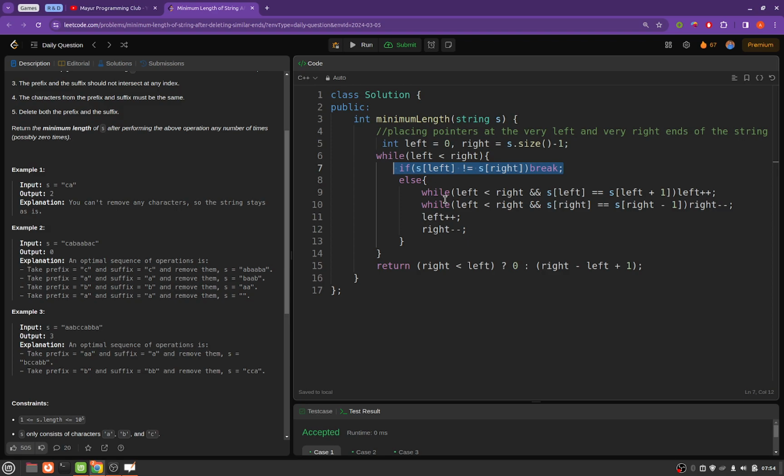And other than that, you will form the largest prefix and suffix that can be formed.